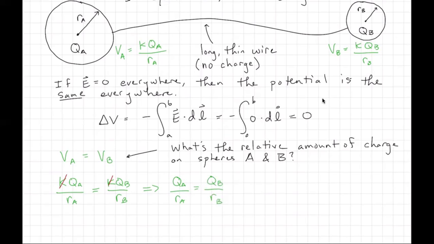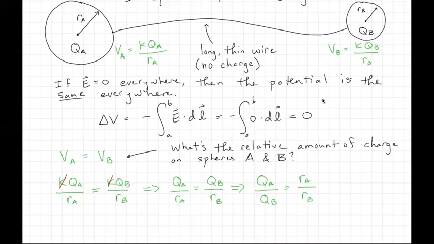Then I can write this as a ratio of charges comparable to a ratio of radii. So that says QA over QB equals RA over RB.